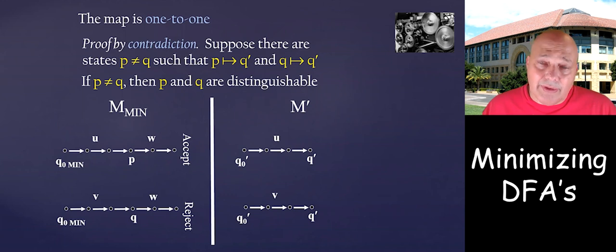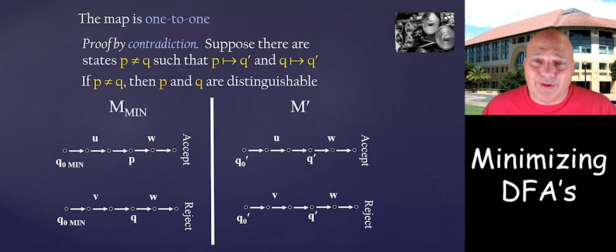They accept the same languages. Therefore, when you read UW in M prime, you accept. When you read VW in M prime, you reject. And again, you reach a contradiction, because it cannot be that from Q prime you both accept on W, and from Q prime you also reject on W. So that's a contradiction.